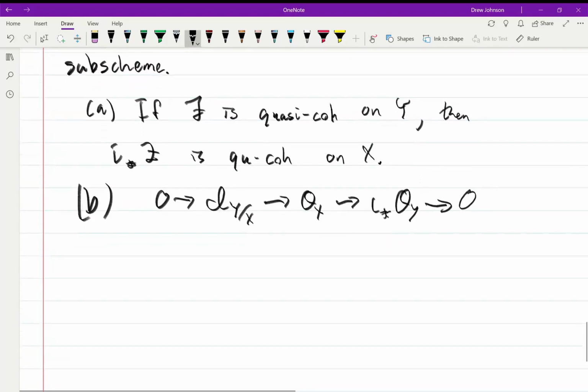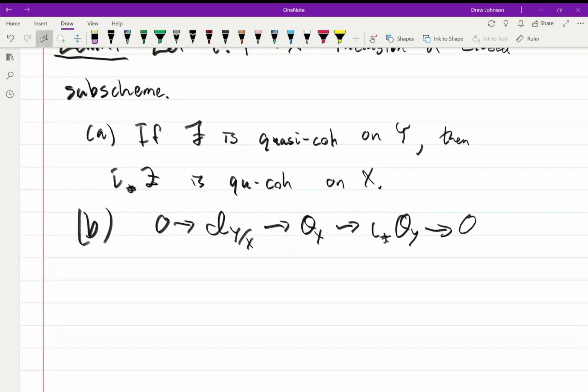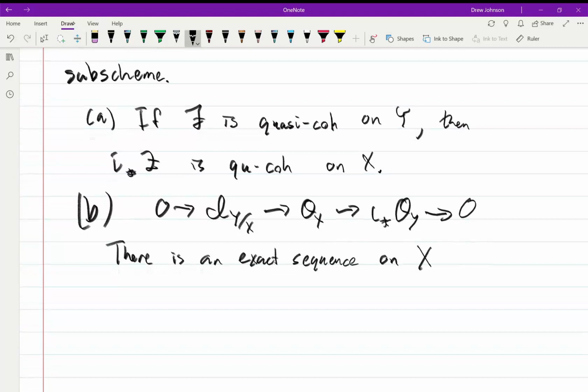Okay, so the statement is there is an exact sequence on X, where this map here is the pullback.